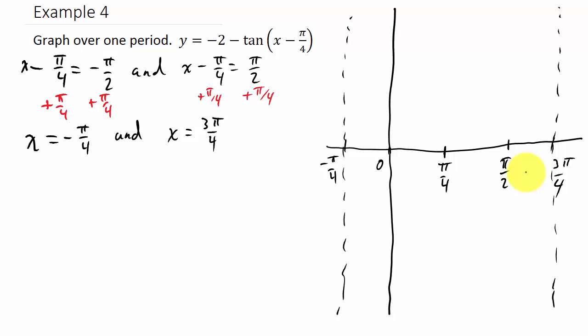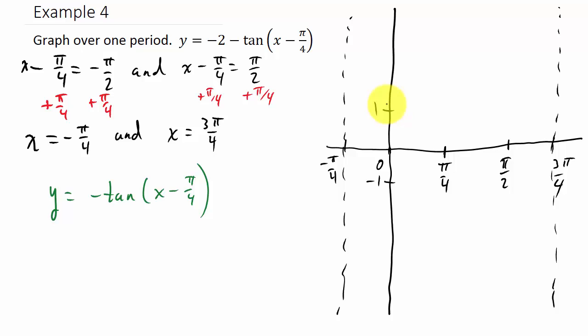All right, so let's look at this. I know we've got a -2 out here. But first, let's just look at y equals negative tangent x minus pi over 4. Don't even worry about the -2 right now. So looking at this, this is going to be -1 and +1. So I've got my -1 and I've got the +1.